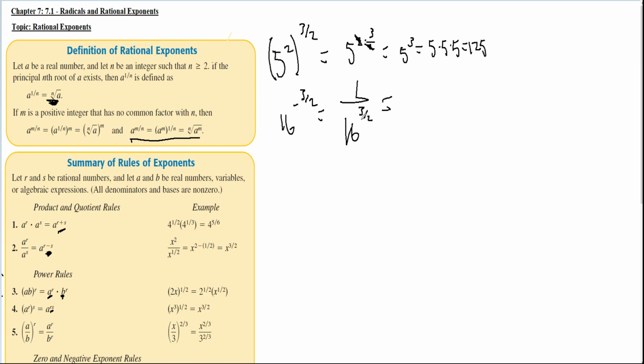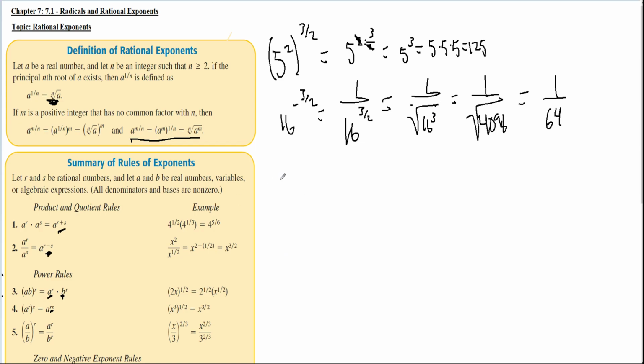And now I can use my definition for rational exponents and rewrite this as the square root of 16 cubed. Okay, and 16 cubed is 4096. Okay, which is a perfect square of 64. Okay, so my answer is 1 divided by 64.